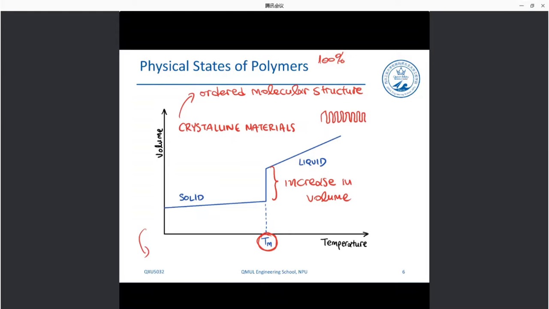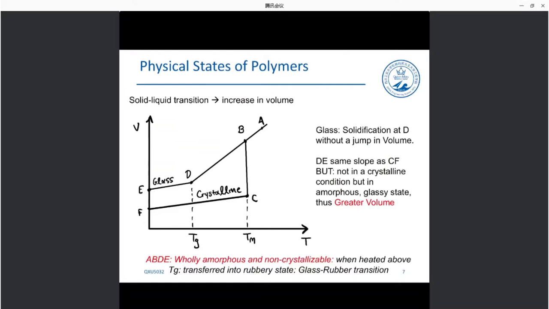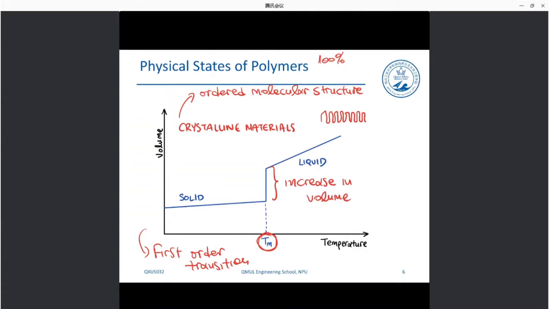We will see later when we characterize the thermodynamics of the thermal transition. This is a first order transition, while the glass transition is a second order transition. Don't worry about it now. I will explain more either later today or tomorrow.